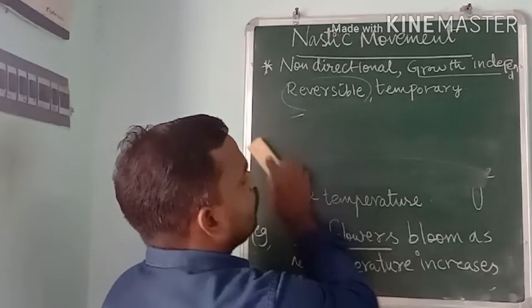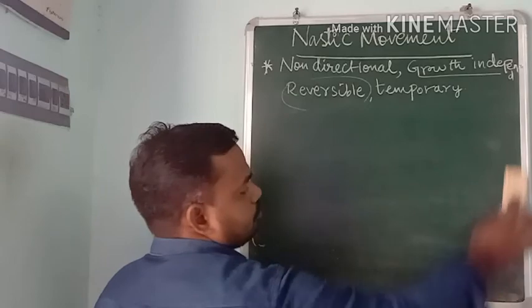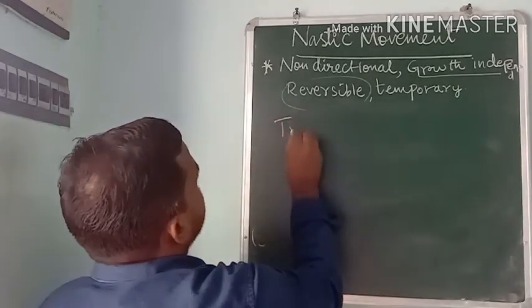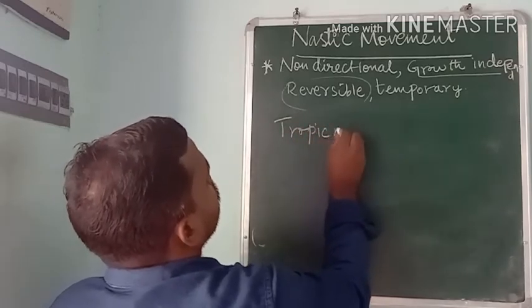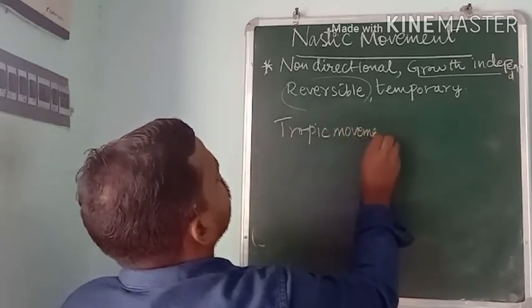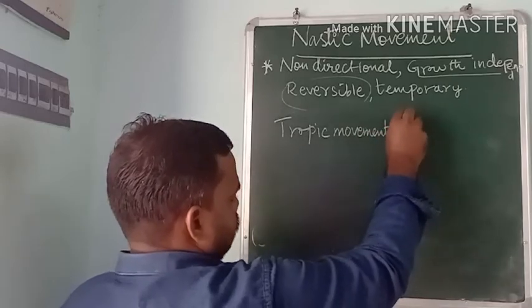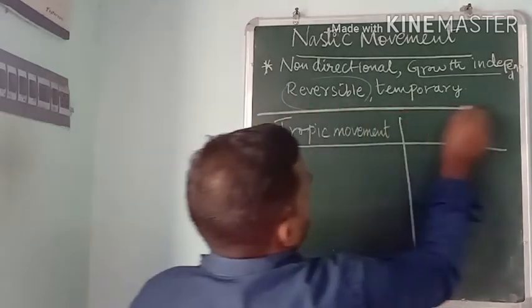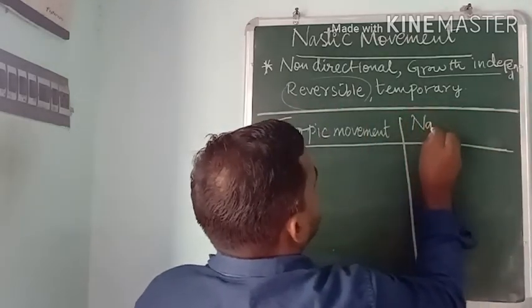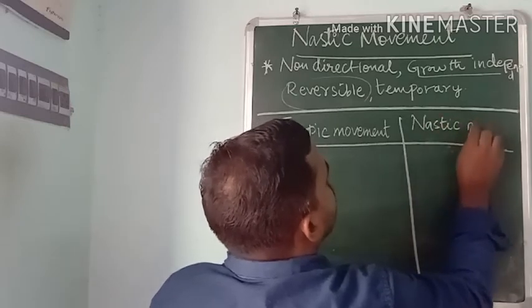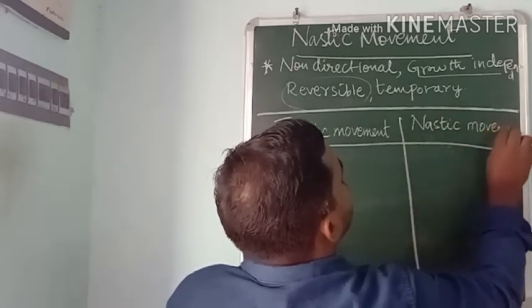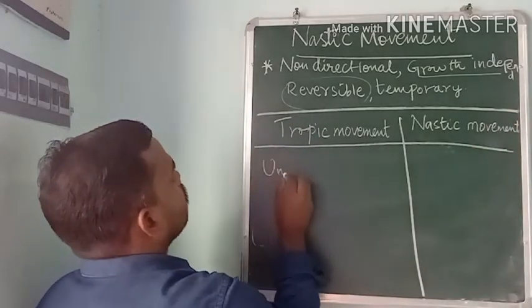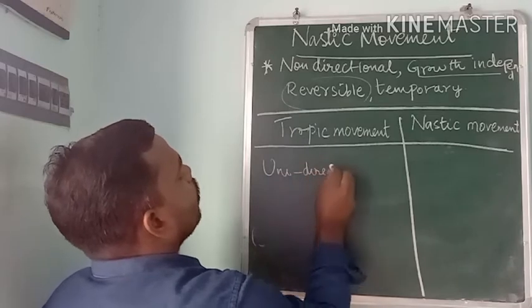And let's see the differences between tropic movement and Nastic movement. Tropic movement is a unidirectional process.